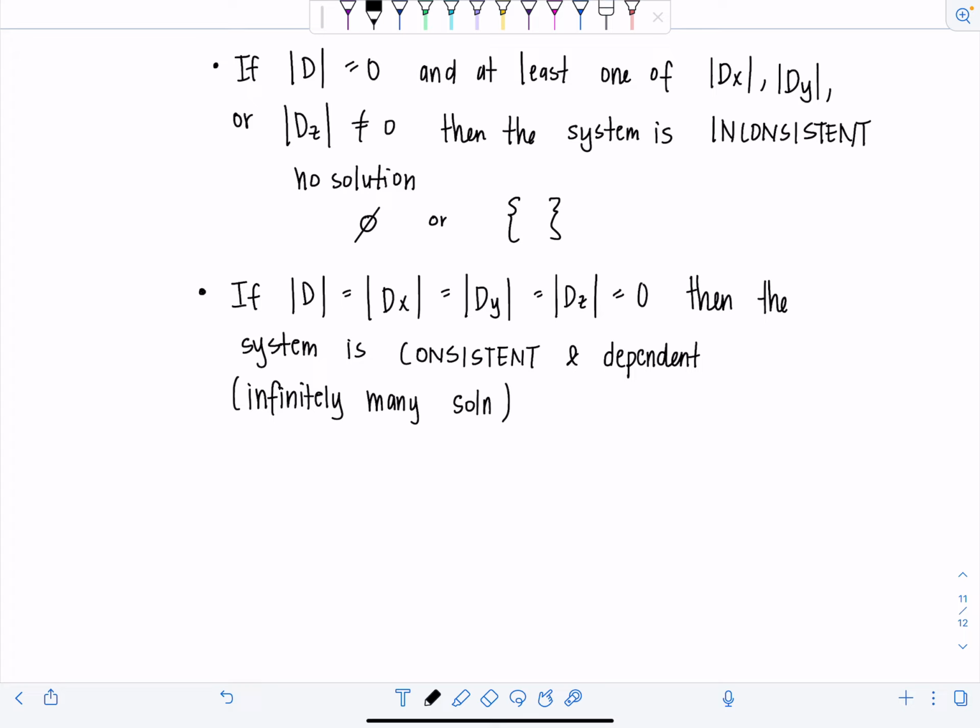So Cramer's rule won't help you figure out the final solution. It can if the system's inconsistent, because you can tell one of these determinants is non-zero, so empty set, done. But in this case, when you have a dependent system, to finish the problem, it must be solved with row reduction techniques or just algebra, elimination, substitution.